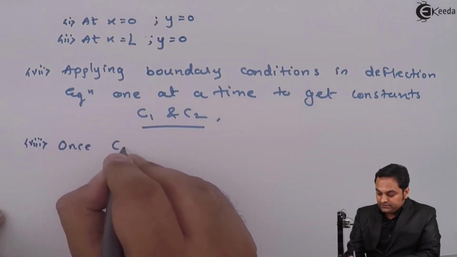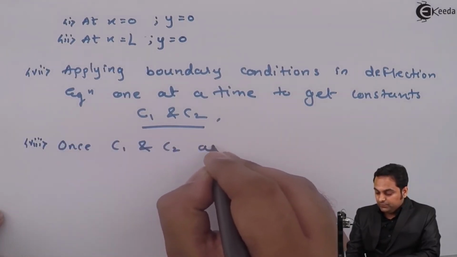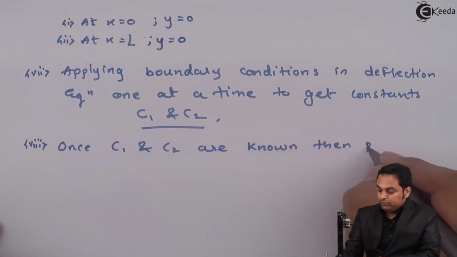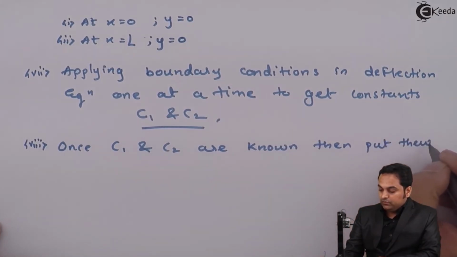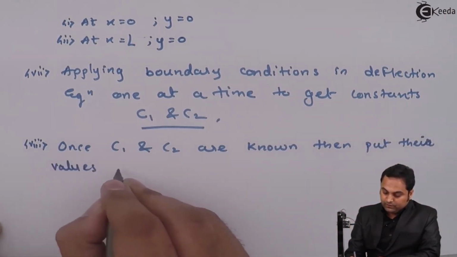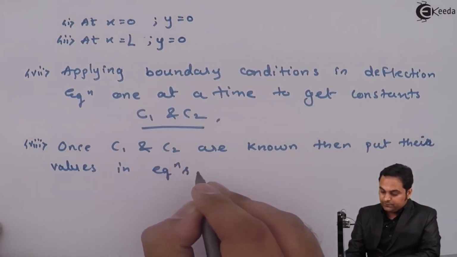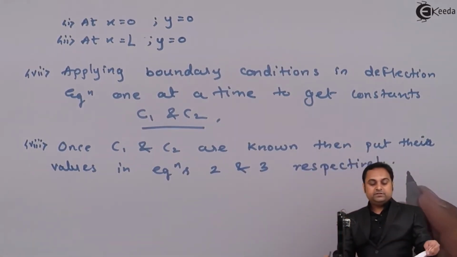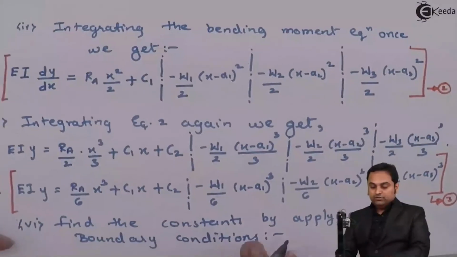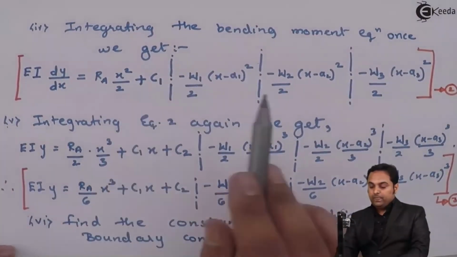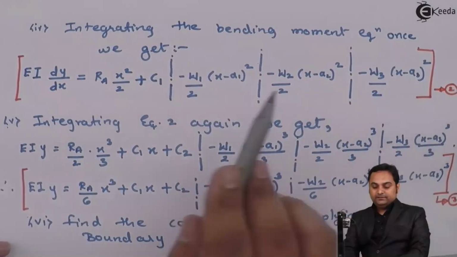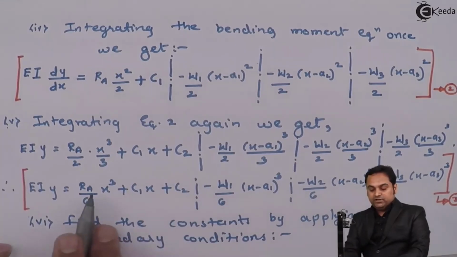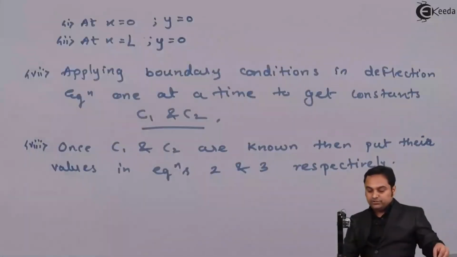Once C1 and C2 are known, then put their values in equations 2 and 3 respectively. That is, first we are going to put the C1 value in equation number second, and that will give us the slope equation. Then C1, C2 values we will put in equation 3, that gives us y, that is the deflection equation.